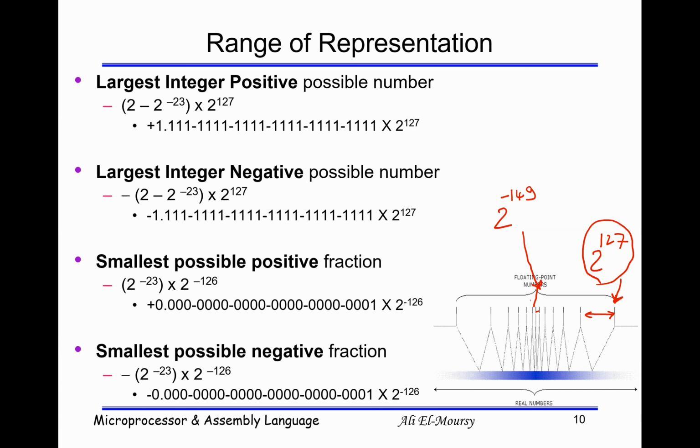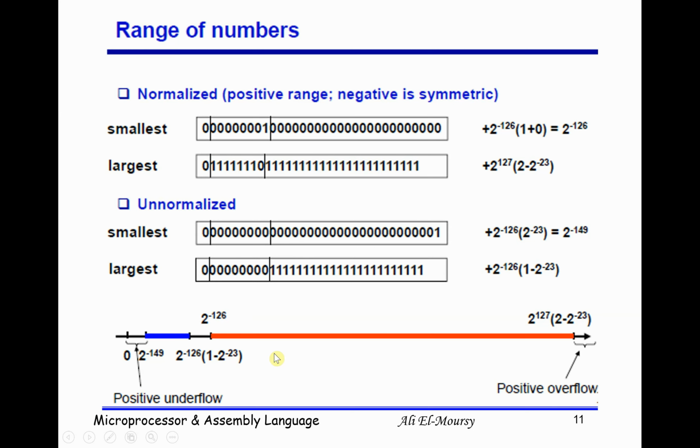So this slide is showing me the largest integer positive and its equivalent largest integer negative. I have the smallest possible positive and the smallest possible negative, as we just indicated.